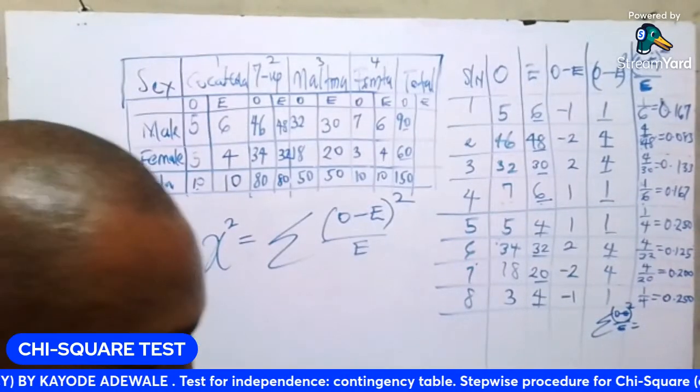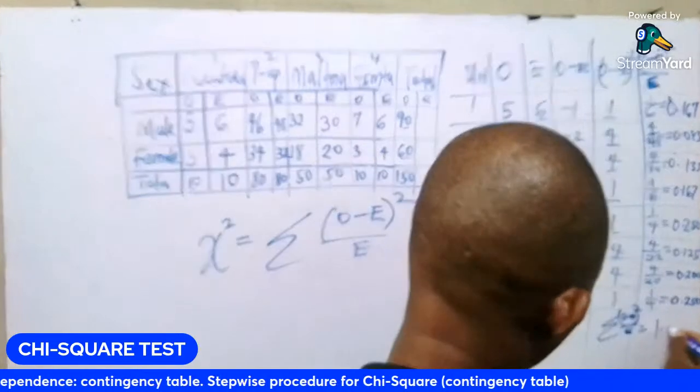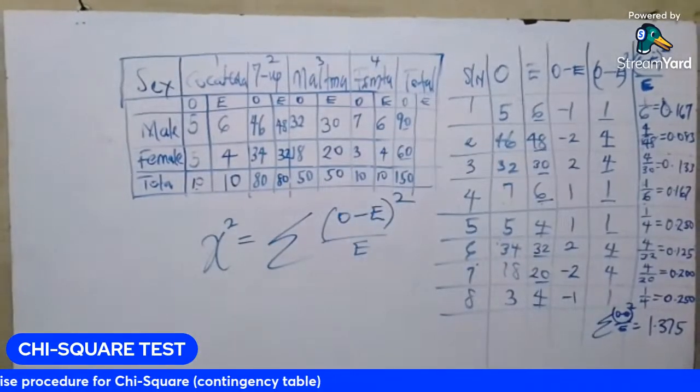Can we get the total for me? Good. That is giving me 1.37. If you got it, put it in the comment section.